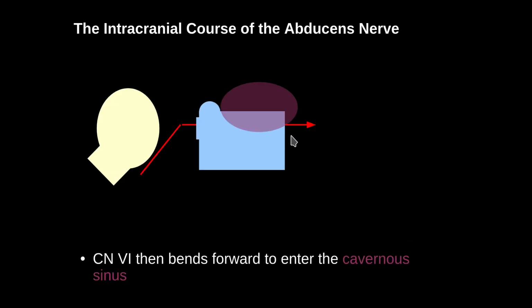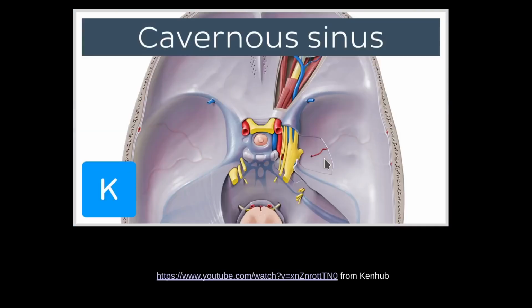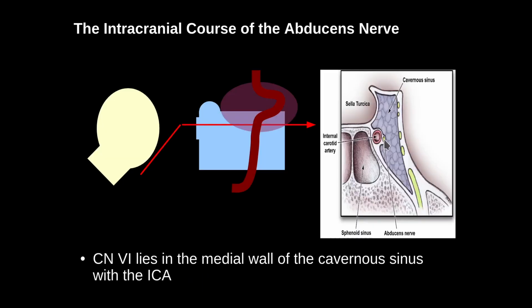Inside the cavernous sinus, the special thing about the abducens is it occupies the medial wall, as in it's the only one there on the medial side.